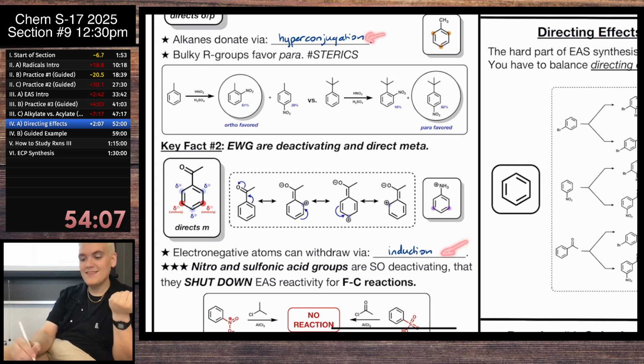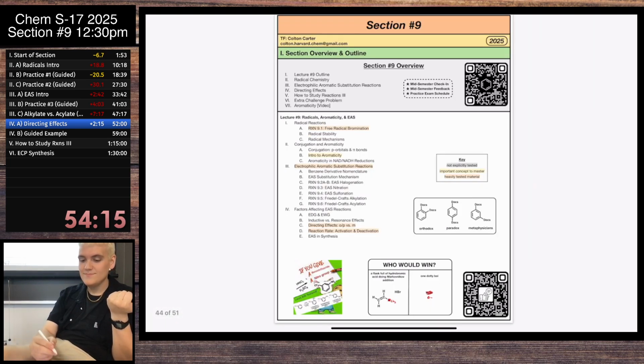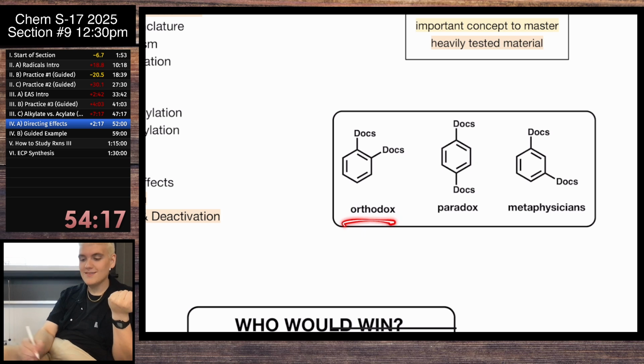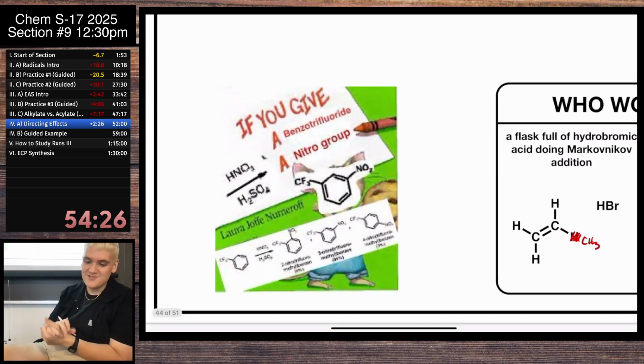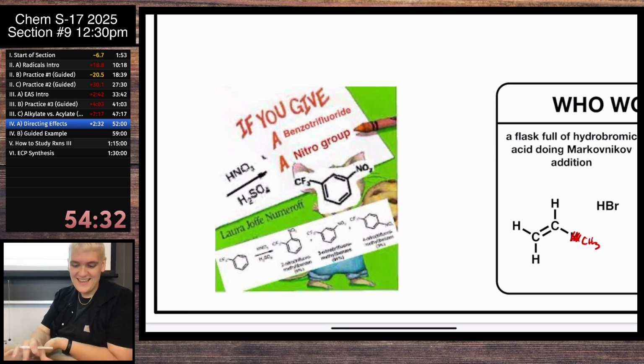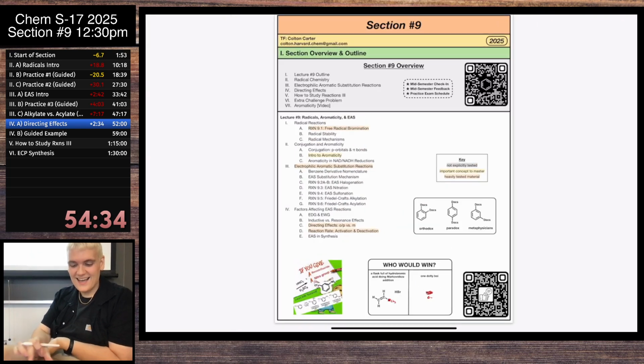Wow. I mean, there's the classic joke of para-Ls. Yeah. There's also on the memes, orthodox, paradox, metaphysicians. Also, I love this: if you give benzene trifluoride a nitro group, the children's story we should read to all of our kids in the future.